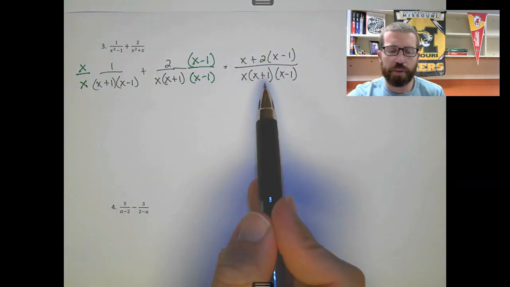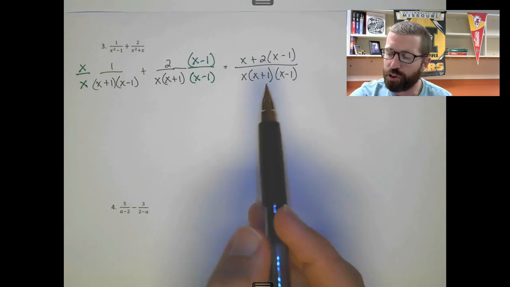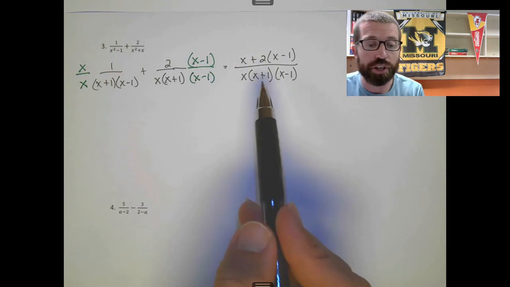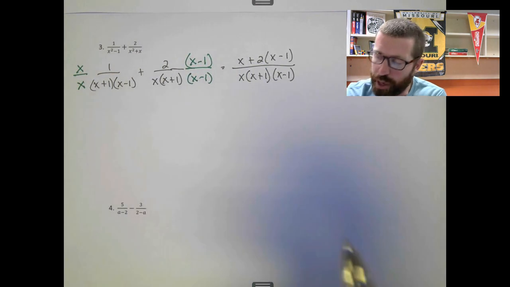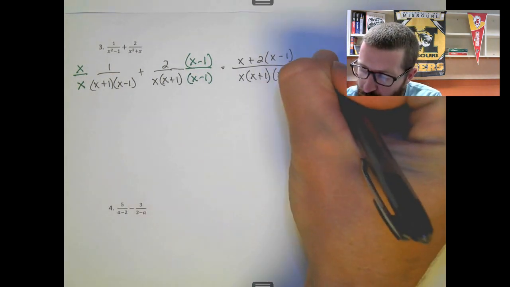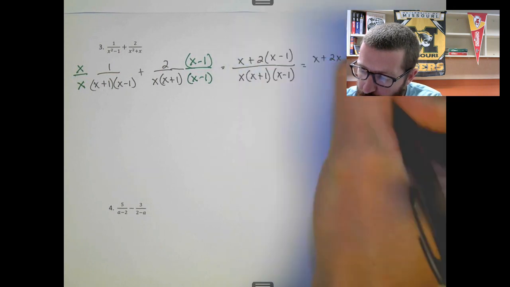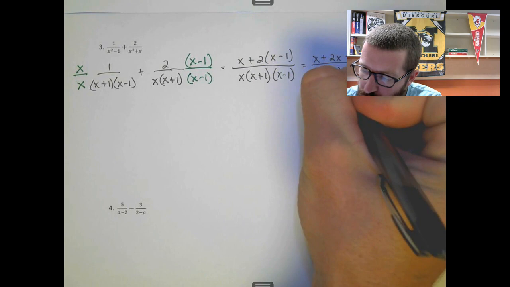And then on bottom, in general, your decision would be not to distribute on bottom. I'm not going to suggest you do that. You could, but definitely don't do it yet. On top, you always want to distribute and combine like terms. So we have x plus 2x minus 2 when we distribute. And then on bottom, it's x times x plus 1 times x minus 1.